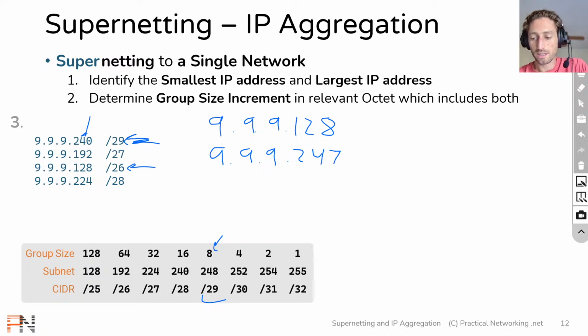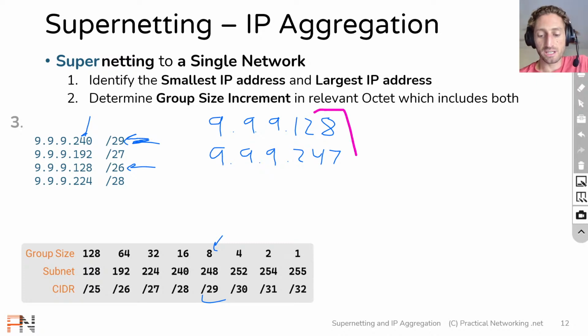And again, now we just need to find an increment that fits that jump right there. Now if we did 64, 128 plus 64 gets you 192. That's not big enough to include all of those. If we went one size up to 128, 128 plus 128 would get you 256, but obviously it'd be a .0 and increment the next octet.